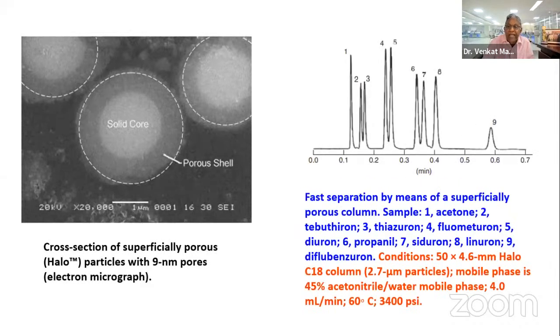You can see here a typical separation where we are able to separate more than 9 peaks in just 0.7 minutes, around 40 seconds. Not more than that, because we used a column with a 2.7 micron particle size of C18.